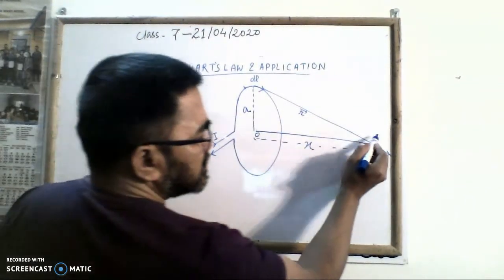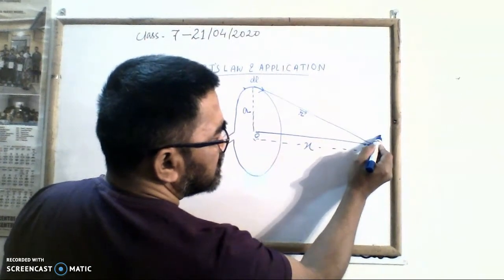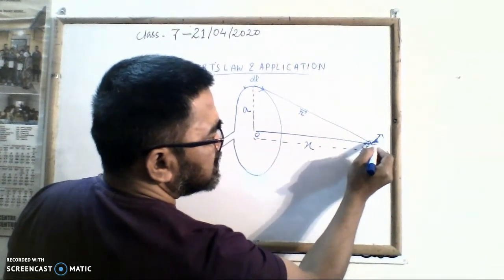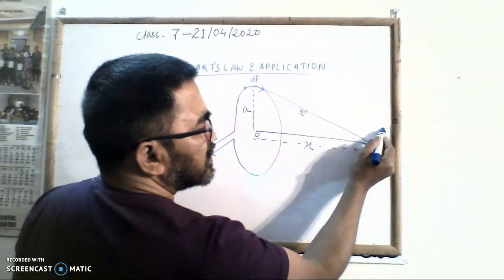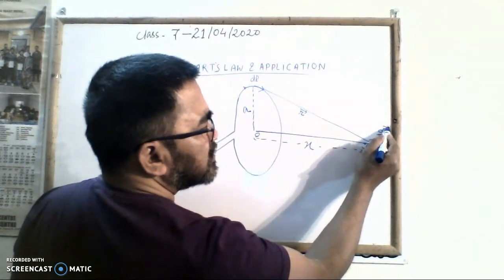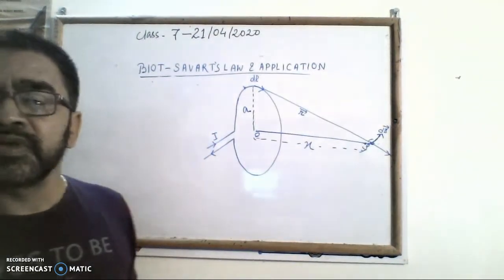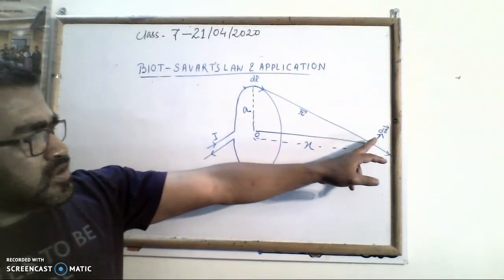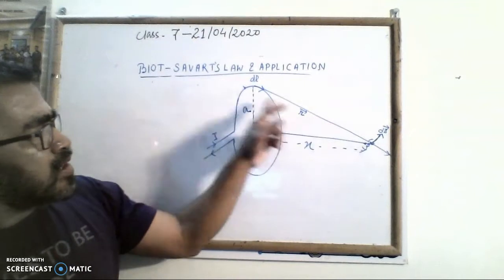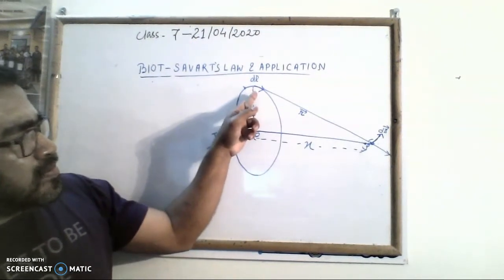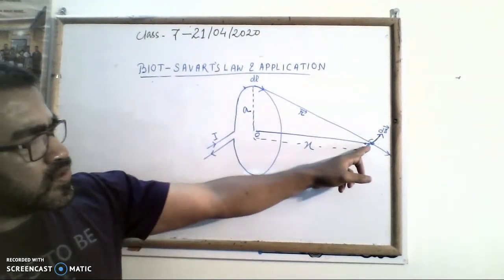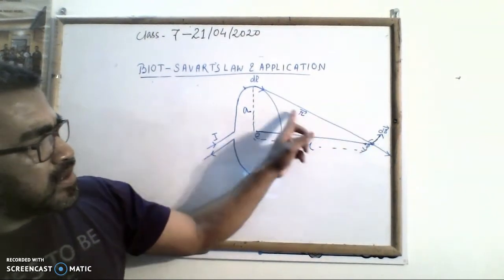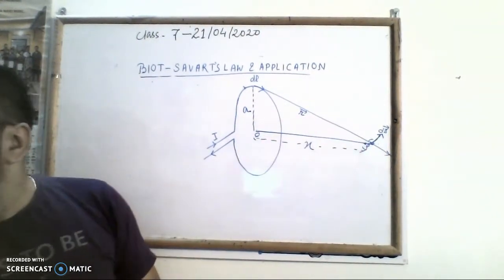Okay, it must be perpendicular. Say this is 90 degrees, and dB is the magnetic field direction. So it should be perpendicular to both R and dl. But it is easy to draw the perpendicular direction with R.